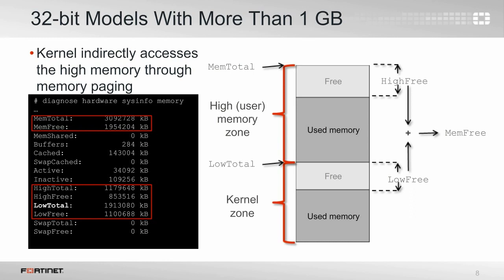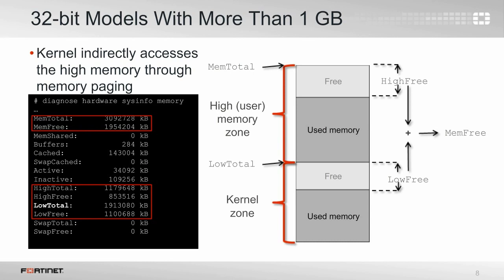When FortiOS is 32 bits and the system memory is more than 1 GB, the kernel cannot access the whole memory space directly. So memory paging is used to reach the portion of the memory that cannot be accessed directly. The part of the memory that the kernel can access directly is called low memory.